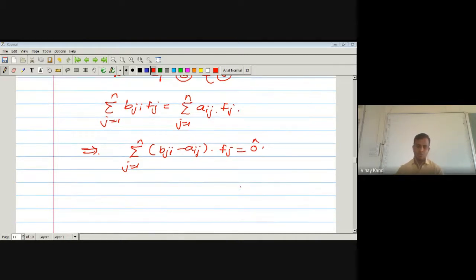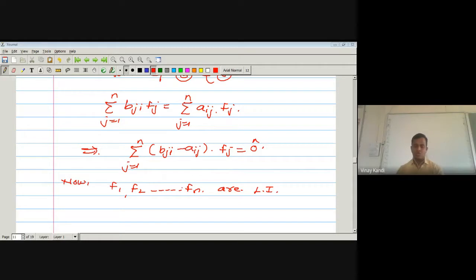Now we have this F1, F2 up to so on Fn, j running from 1 to n, a linearly independent set, because F1, F2 up to so on Fn are the basis elements of V star.